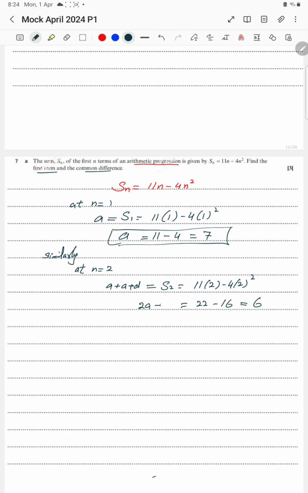That is 2a plus d. So just replace the value of a here. We get 2 times 7 plus d equal to 6. D will be 6 minus 14. D is equal to minus 8. So we got a equal to 7 and d equal to minus 8. That has been asked, first term and the common difference. So first term is 7 and common difference is minus 8. I hope it is clear.